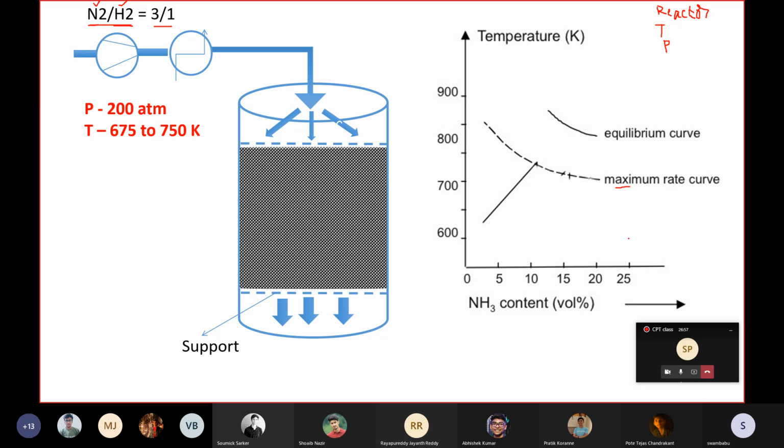So when the temperature increases, the conversion increases. That's what this line shows. When the temperature increases, the ammonia content increases. So this is what happens: as the reactant enters the reactor, the reaction starts.